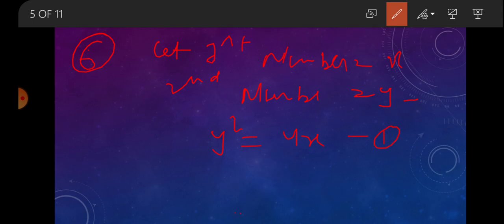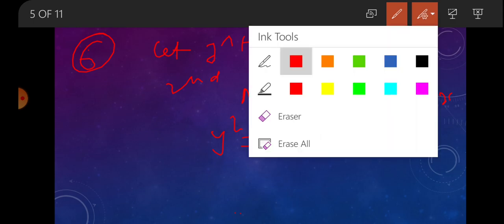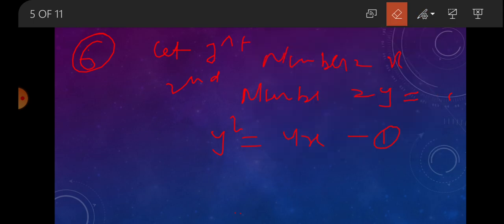So I will write 4x in place of y square. Sorry, okay, here I can't replace this. So this is what I have.